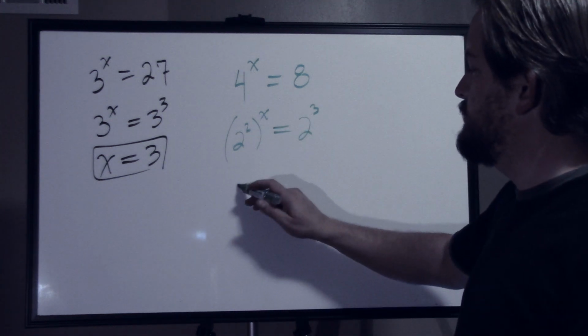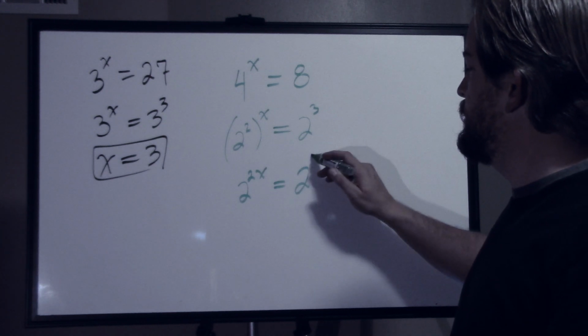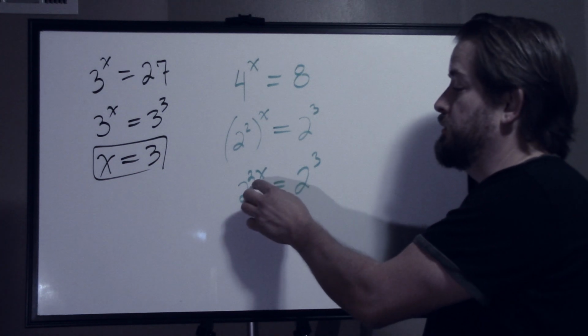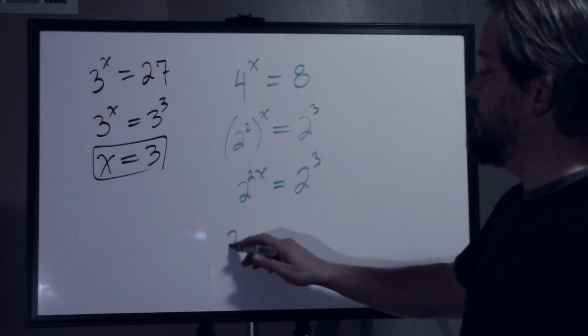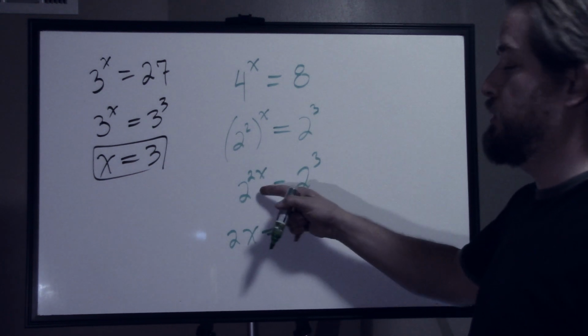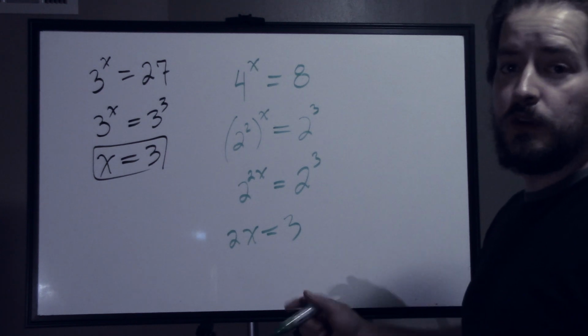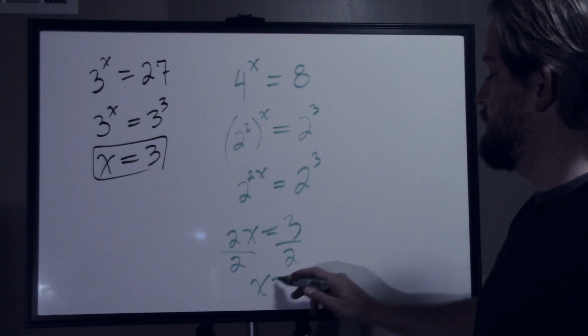So this simply becomes 2 raised to the 2x power is equal to 2 to the third power. They're now rewritten with the same base. So I have 2 to the one power is equal to 2 to a different power. Well, those powers can't be different. 2x, the power on the left, has to be equal to 3, the power on the right. Divide by 2, and we're done. And x is equal to 3 halves.